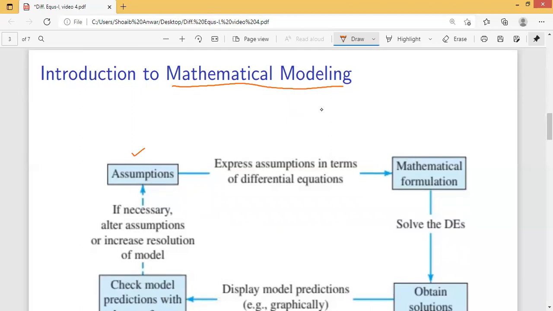The mathematical models are built under some assumptions. Then, with the help of these assumptions and some known basic laws, we transform or express the assumptions in terms of differential equations, and that differential equation will act as a mathematical model or the mathematical formulation of that physical situation.